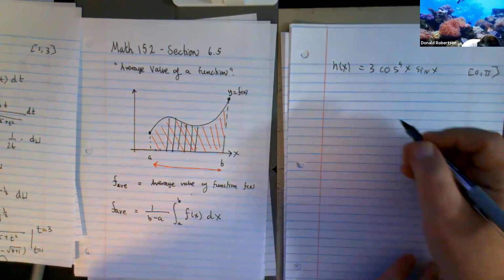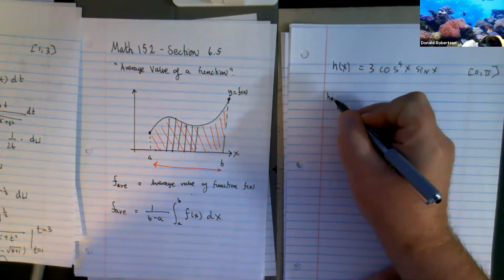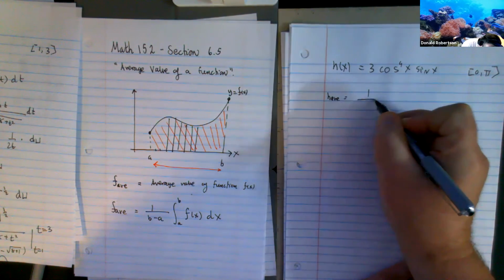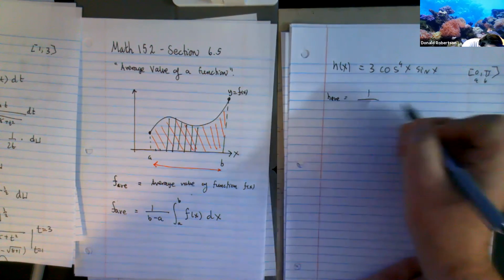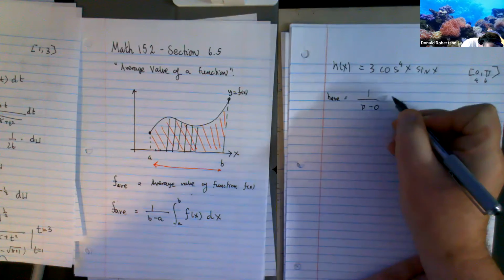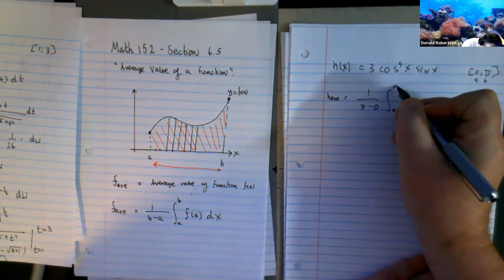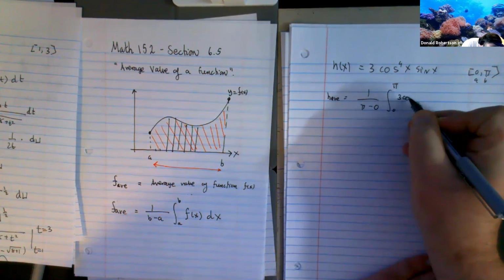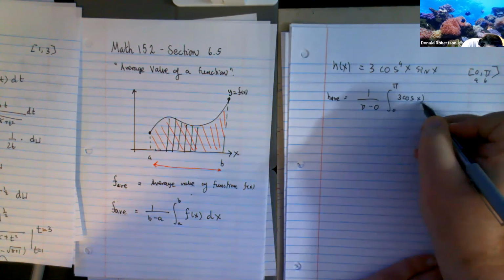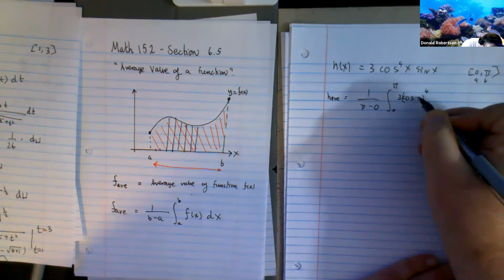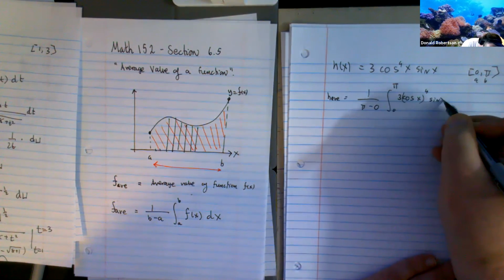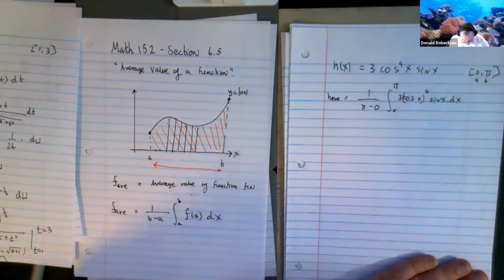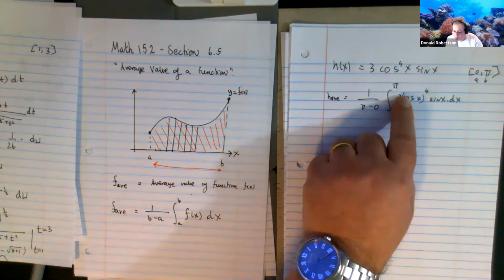See what it looks like. Well, it's 1 over b minus a, which is pi take away 0. The integral from 0 to pi. And I'm going to rewrite this guy like that. Right, the 4th power of cosine is this guy.